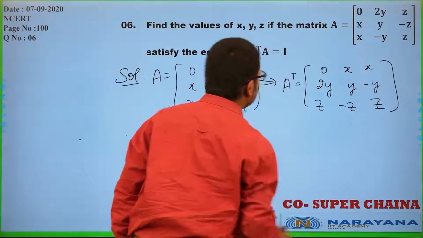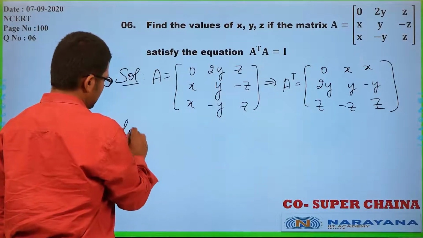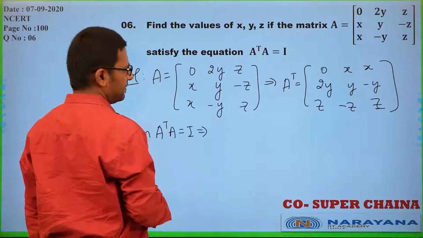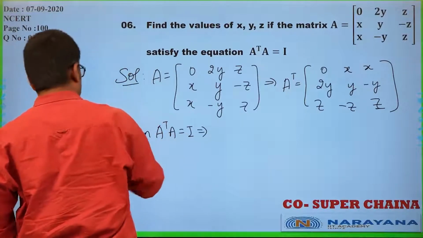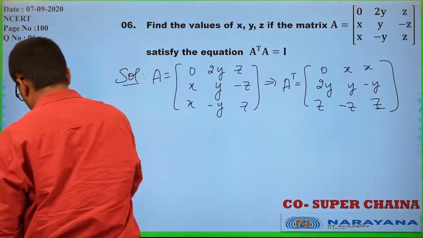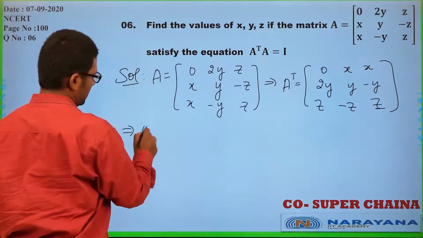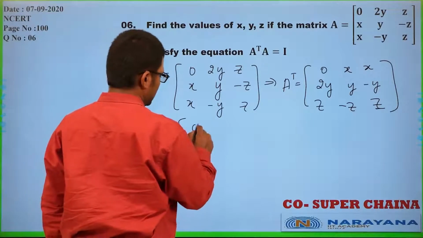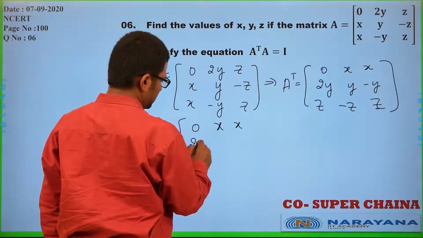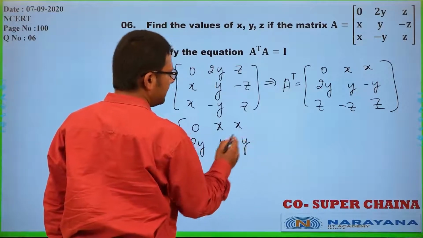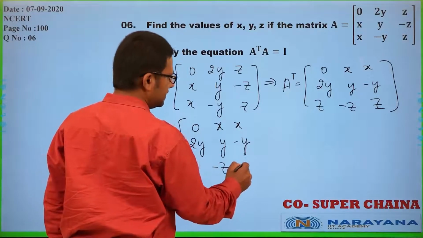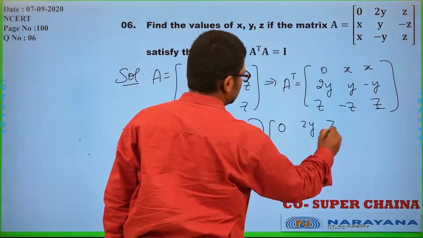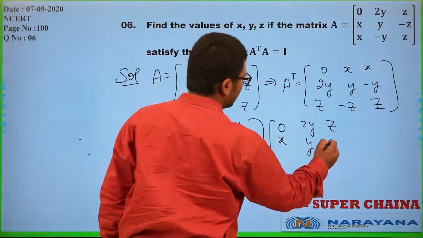Okay, so it is given that A transpose A is I, which means, wait, let us first figure out the value of A transpose A. Then we will use the given information. So A transpose A: [0, x, x; 2y, y, minus y; z, minus z, z] into [0, 2y, z; x, y, minus z; x, minus y, z].